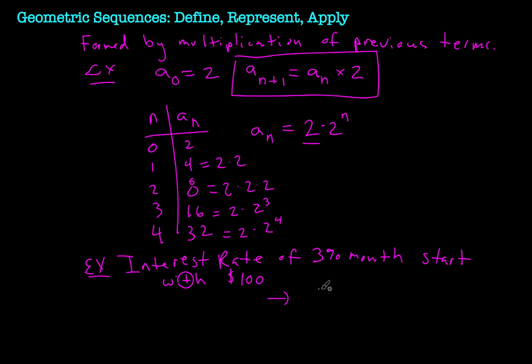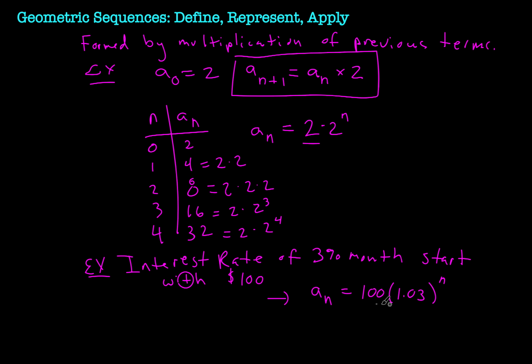Then we could figure out the amount in the account in any given month, because we would just be multiplying 100 by 1.03 to the n.